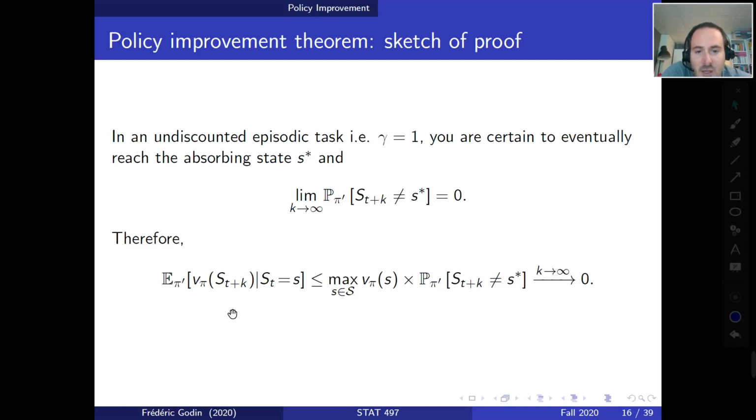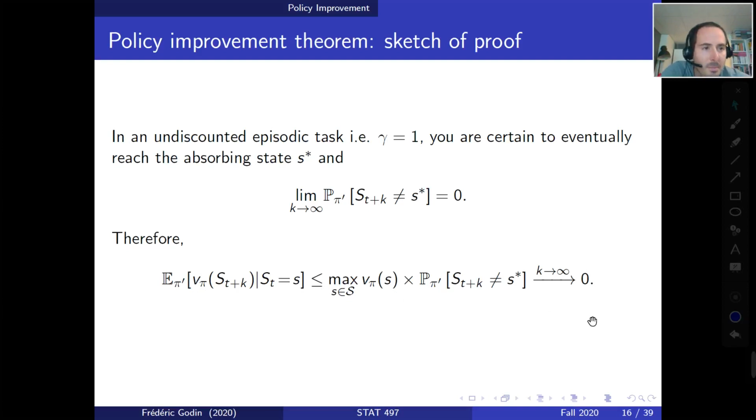So this expectation must be simply equal to the sum of the value of non-absorbing states times the probability to reach them. And the values of these non-absorbing states are bounded by the maximum possible value function, so this is a constant, and this here converges to 0, so the product must converge to 0.